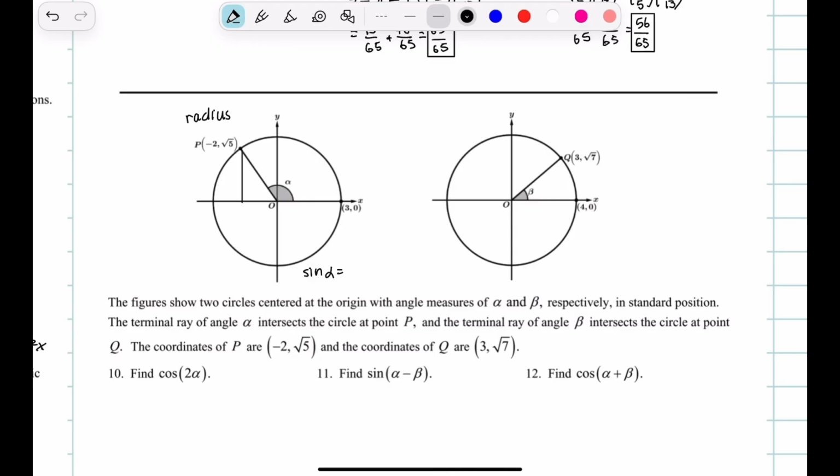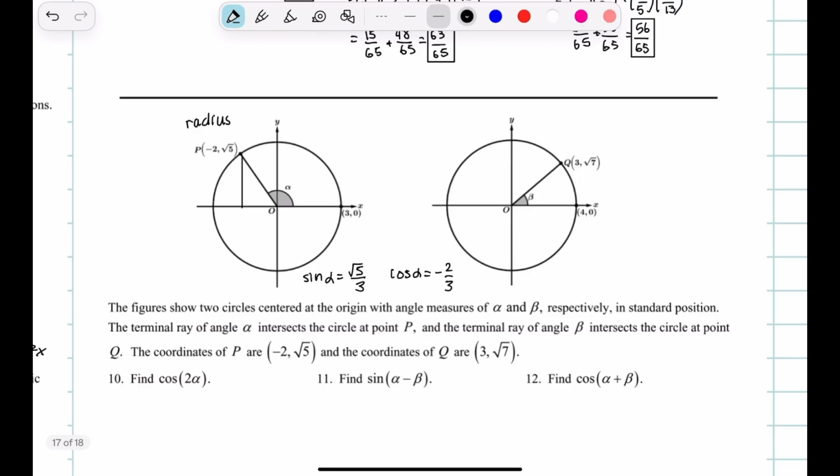From here we can figure out that sine alpha is going to be root 5 over 3, and cosine alpha is going to be equal to negative 2 over 3. For beta, sine beta is equal to root 7 over 4, and cosine of beta is going to be equal to 3 over 4.